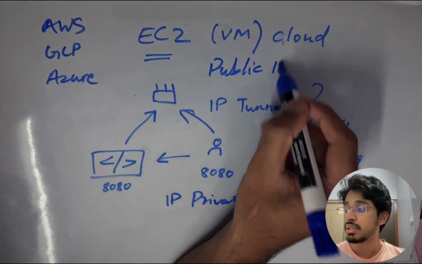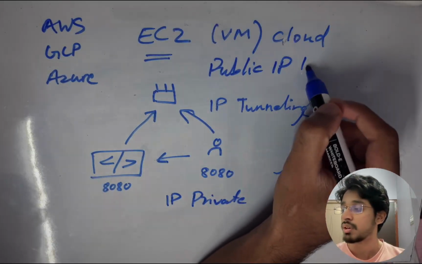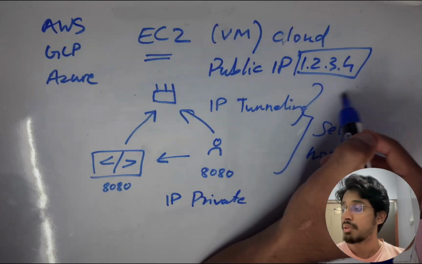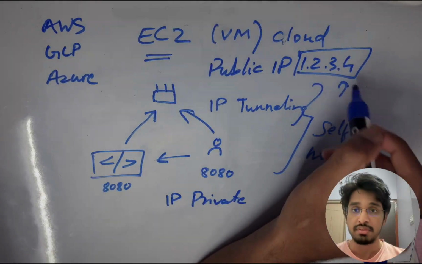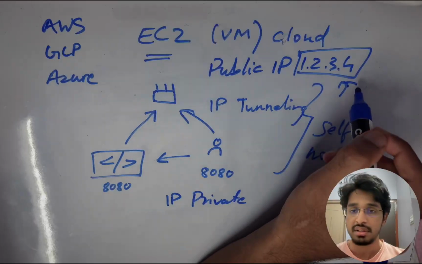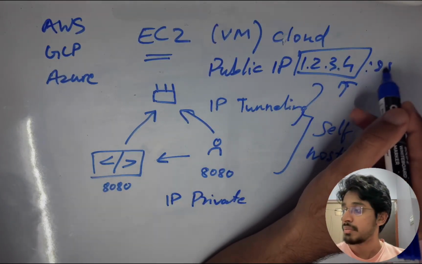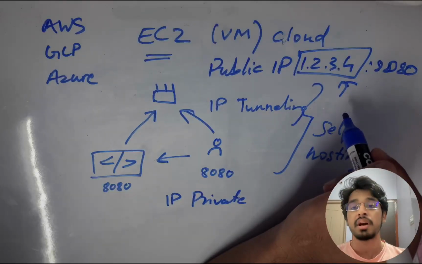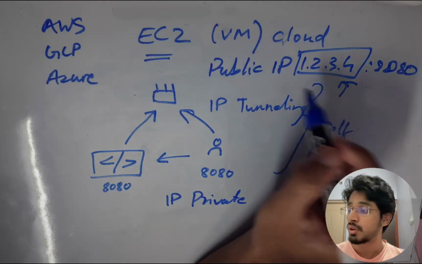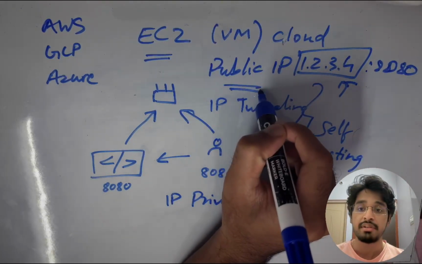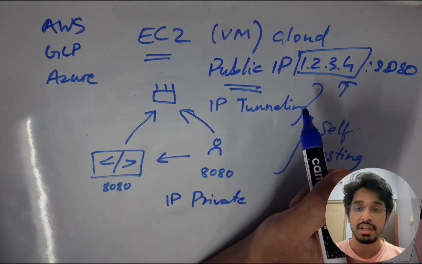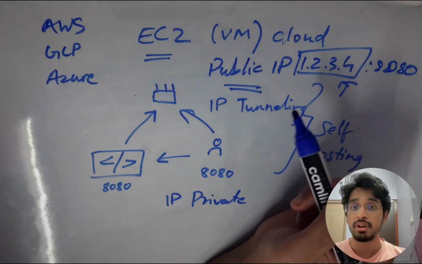Using this public IP, let's say 1.2.3.4, if my application is hosted on this IP address on port, let's say, 8080, people will be able to access my application in any part of the world. Just because my IP is public, they will be able to access it. That is the difference between hosting locally and deploying on cloud.